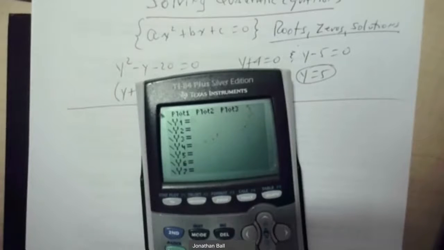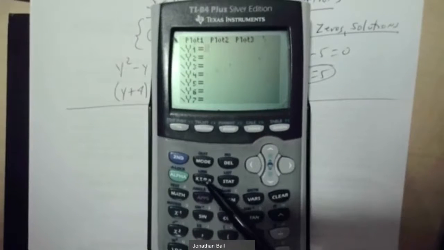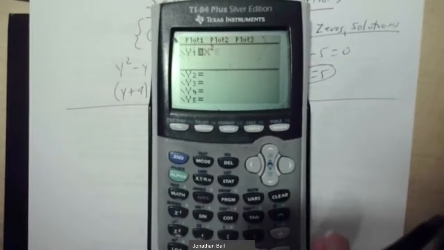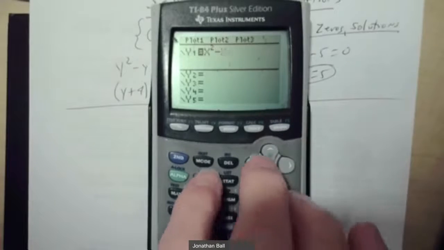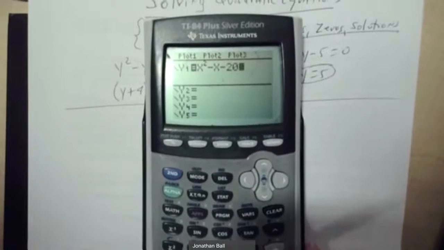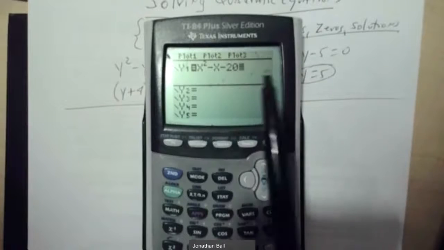The calculator doesn't recognize y as a variable. It uses x. Now x is this one right here, where it says x, t, theta, and n. That's the variable. So x squared minus x minus 20. Now remember, do yourself a favor. Before you leave the screen, look up here and make sure you entered it correctly.